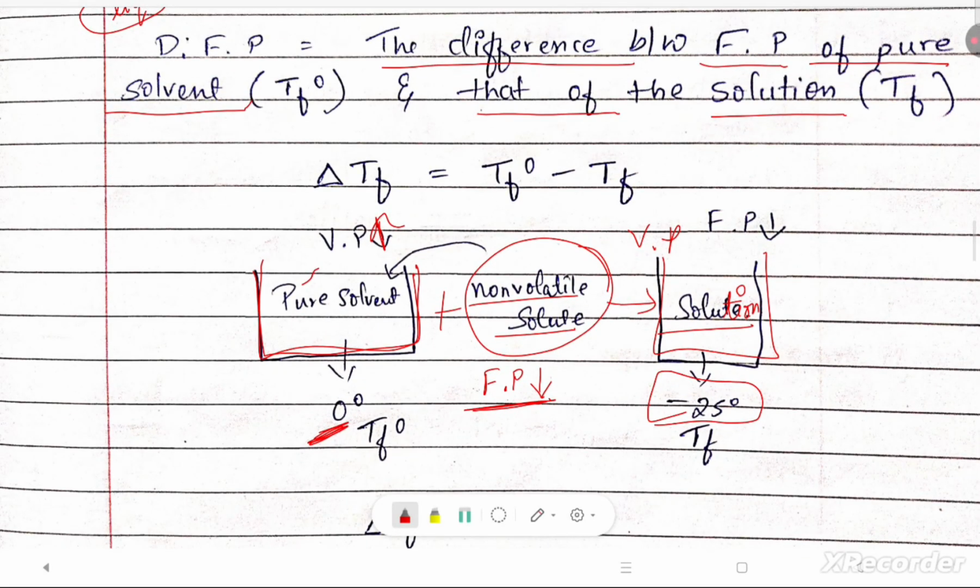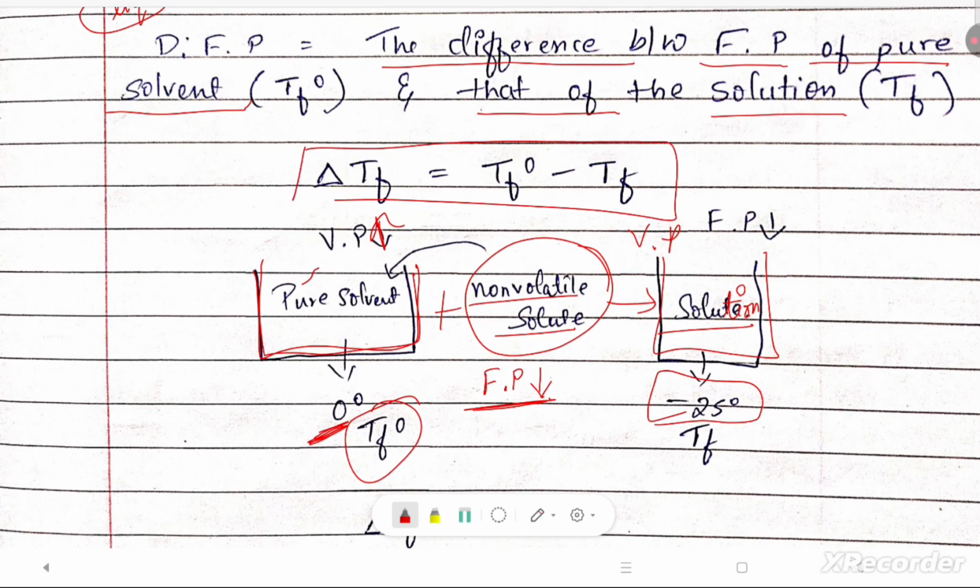We know which has more value, this one has more value. That's why here delta Tf is equal to Tf naught minus Tf. There in delta Tb we write Tb minus Tb naught, here it is the opposite. Remember this.